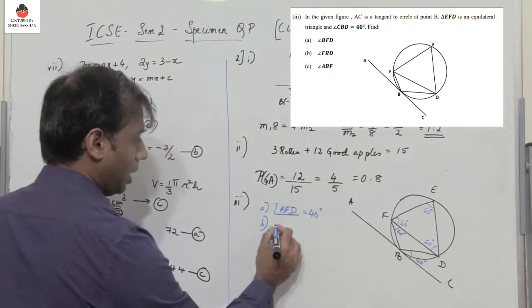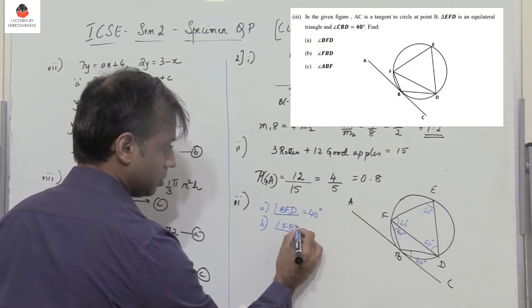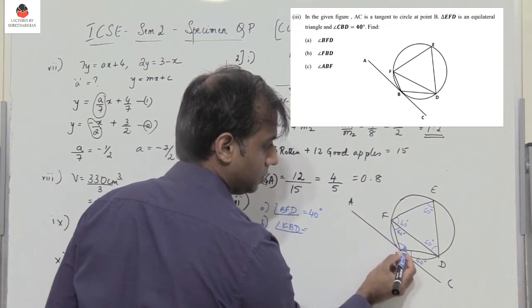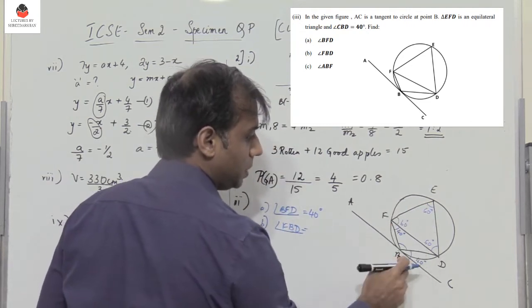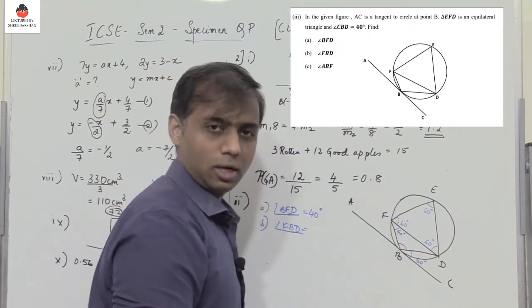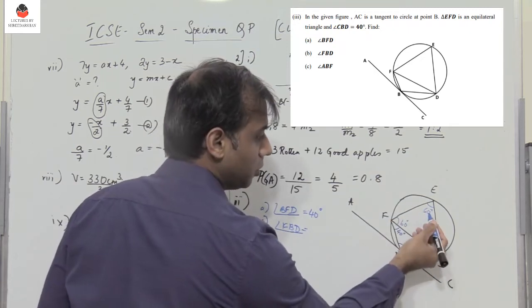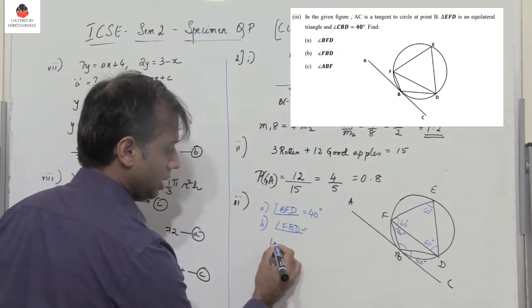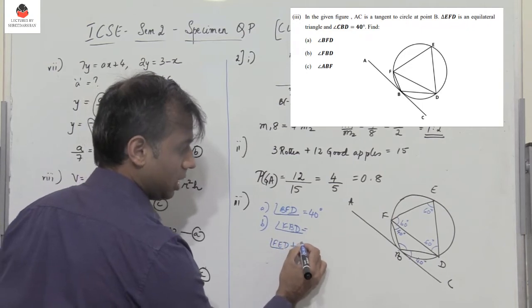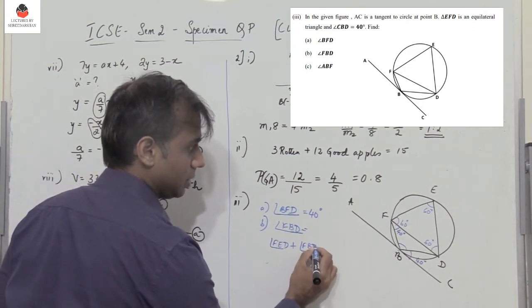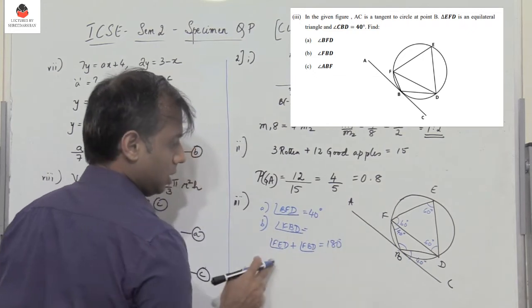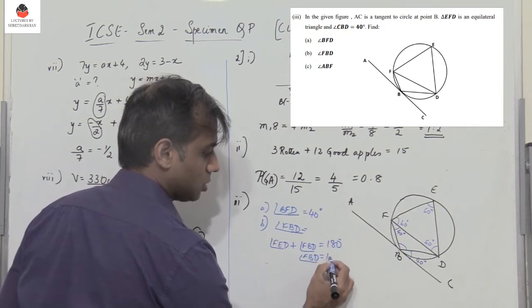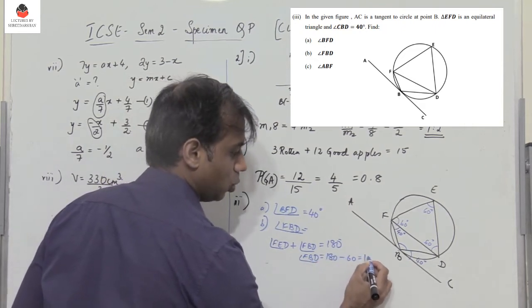Next, B, angle FBD. What is angle FBD? This is angle FBD, this angle. Now we know that BDEF is a cyclic quadrilateral, and therefore the sum of these two angles will be 180 degrees, right? So angle FED plus angle FBD is equal to 180 degrees. We know that this is 60, so therefore angle FBD equals 180 minus 60, which is 120 degrees.